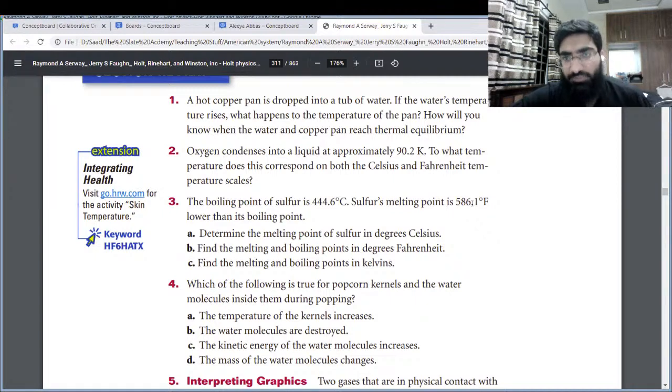The melting point is 586 degrees lower than the boiling point. See, the boiling point was initially given in degrees centigrade. I couldn't have deducted this right away from it. So for that reason, I first converted the boiling point into degrees Fahrenheit, and now I deduct 586.1 from it so that I get the melting point.